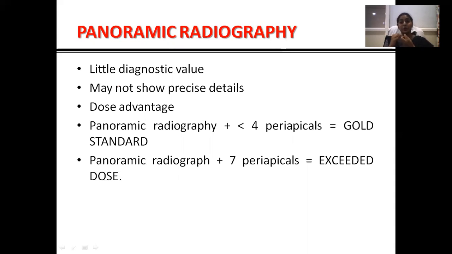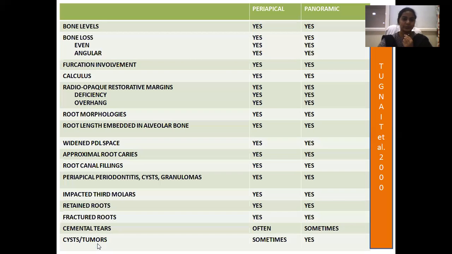If you take 7 periapical radiographs along with a panoramic radiograph, then you have exceeded the radiation dose. Remember that. So the gold standard for radiation exposure is a panoramic radiograph along with less than 4 periapicals. Whereas if you take both the panoramic radiograph as well as 7 periapical radiographs, you have exceeded the radiation exposure. So this is what studies say.